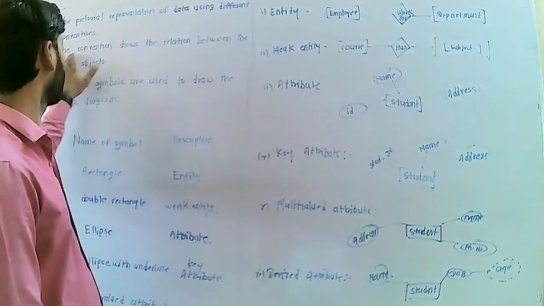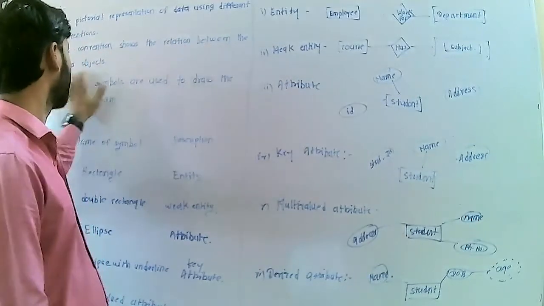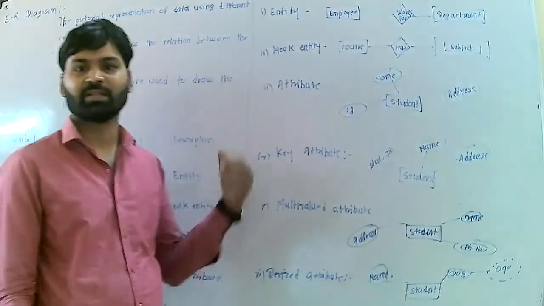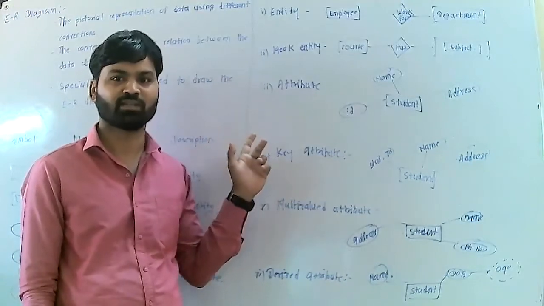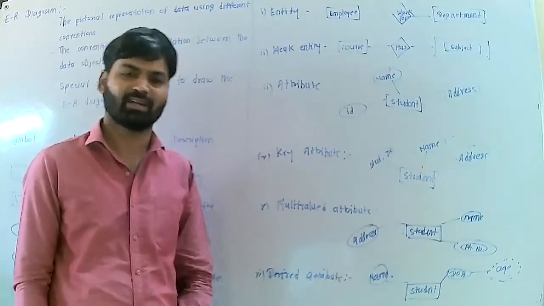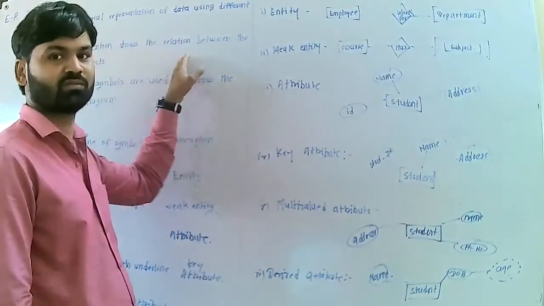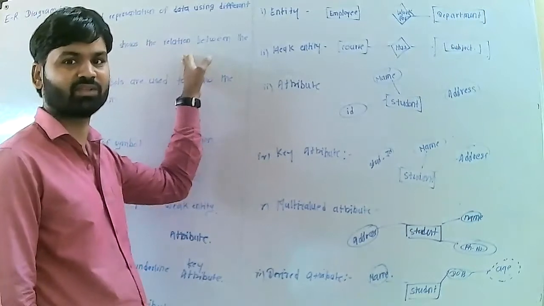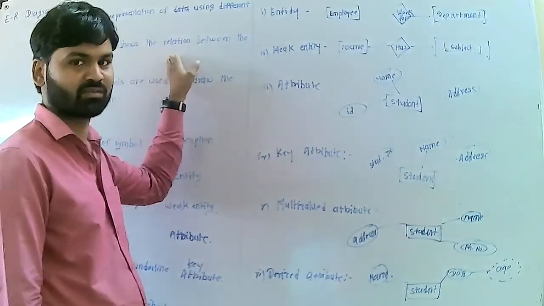The conventions show the relation between the data objects, which are related to each other by using various types of conventions.